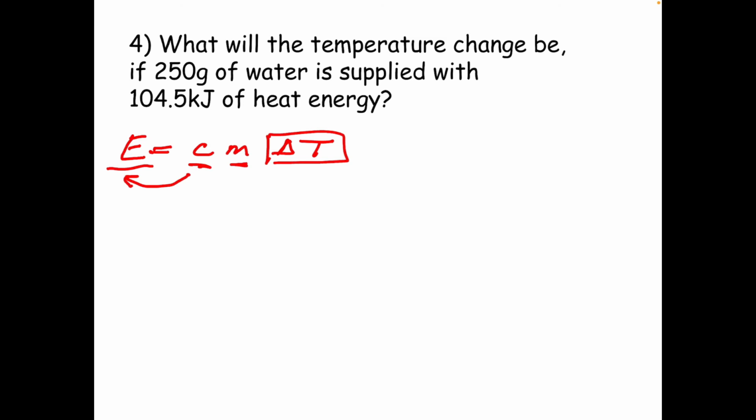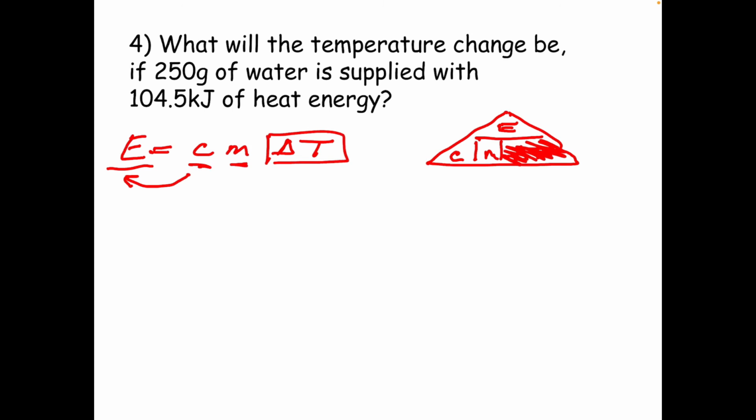If that is not something that you like doing, I've got a wee trick as well. You could draw out the triangle, and you have E in the top, C, M, delta T. If we want to find out delta T, we can colour that in, and that shows you how we would set that equation up.